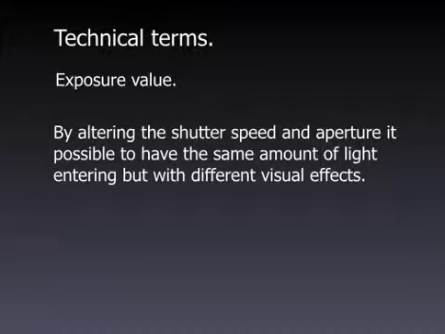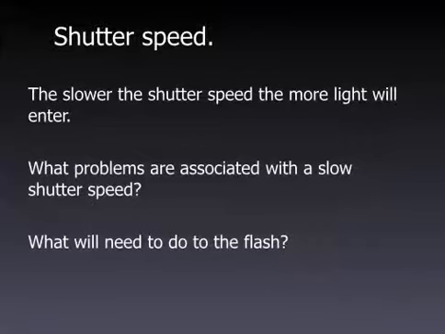And by altering these two, we can get the perfect exposure. However, we've got to also factor in the flash, because these days the flash can emit various amounts of light. So actually we've got three means of control of gaining the perfect exposure.